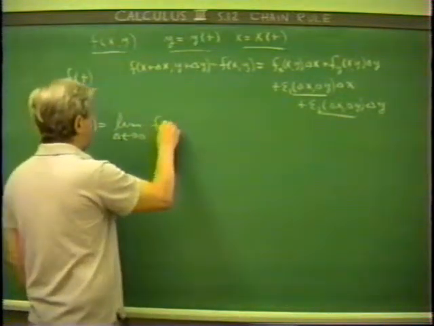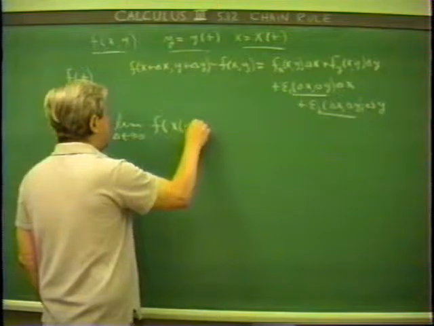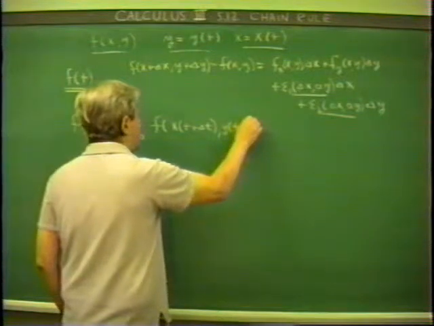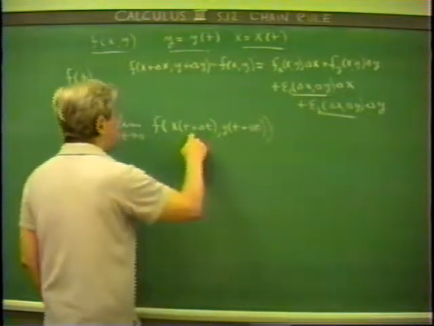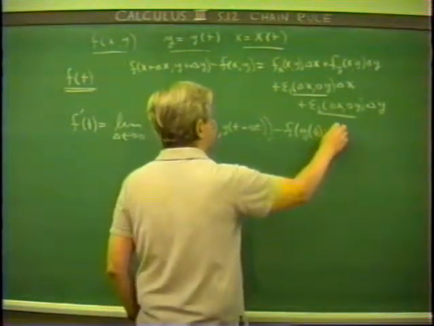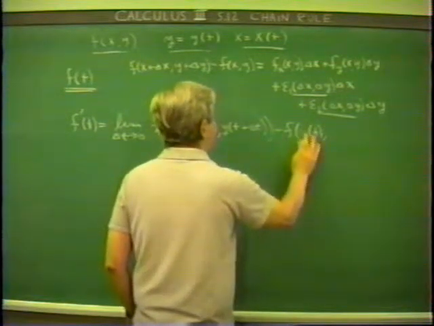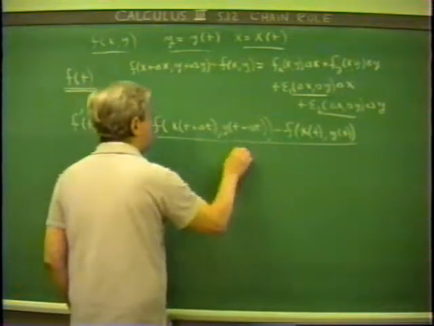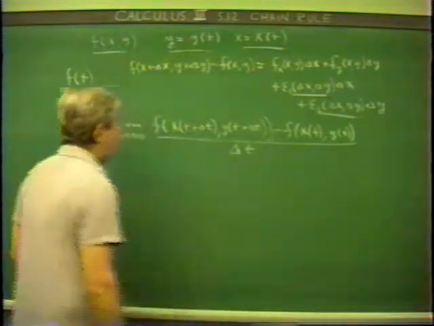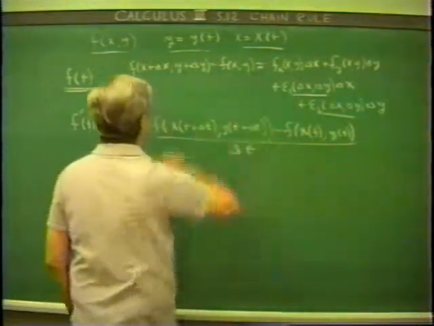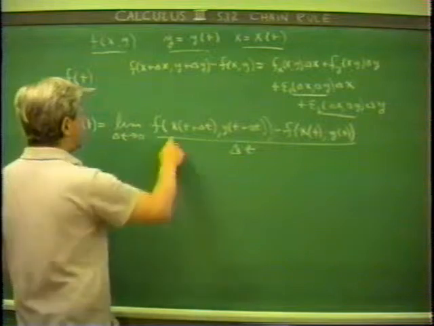So the derivative at a point t is going to be equal to the limit as delta t approaches 0 of f of x of t plus delta t, y of t plus delta t, that's the value of the function f at t plus delta t, minus f of x of t, y of t, divided by delta t. That's the definition of the derivative. Okay.